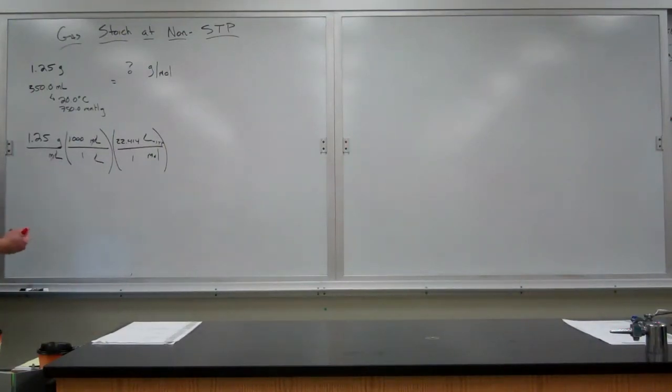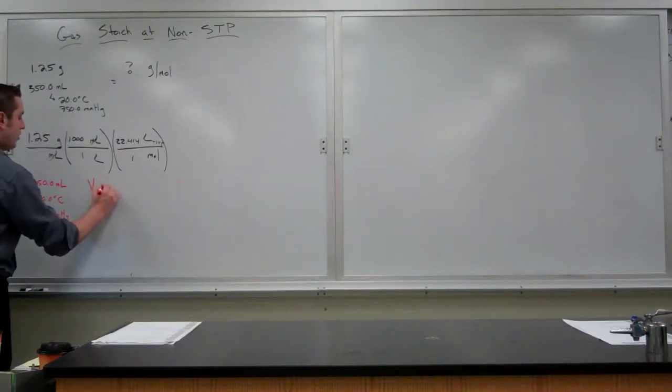So this creates a scenario where I have an initial volume of 350.0 milliliters. I have an initial temperature of 20.0 degrees Celsius. I have an initial pressure of 750.0 mmHg.